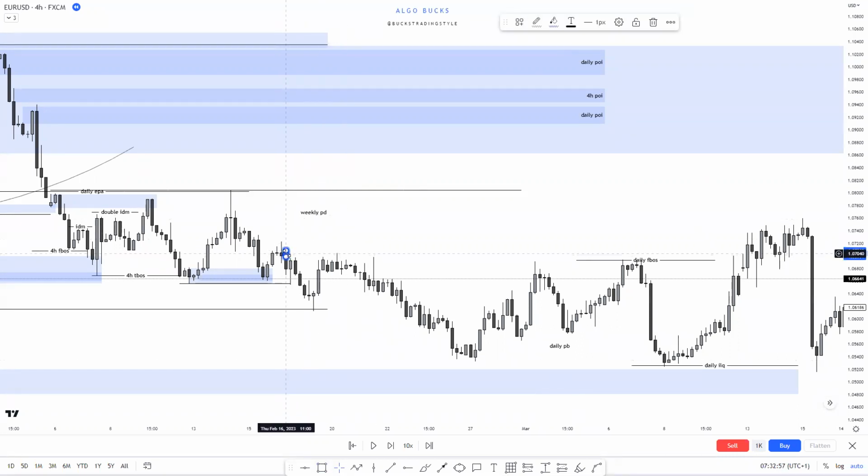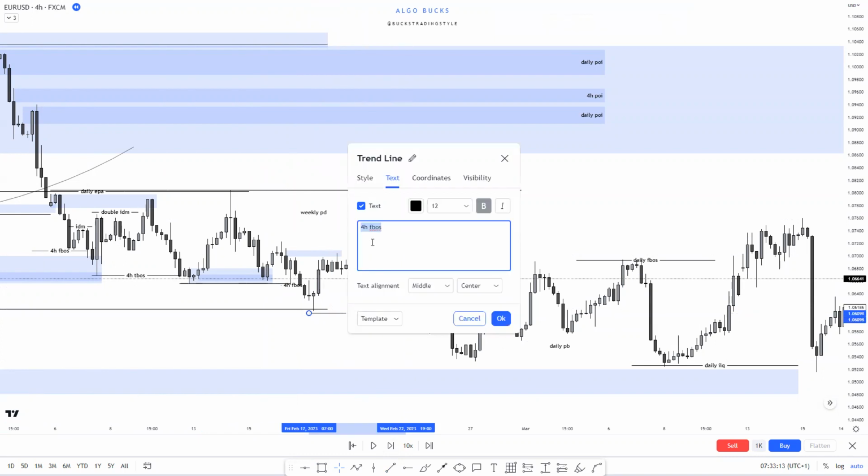This was where price reacted from this week right here. So this was a 4H fake break, 4H true break right here.